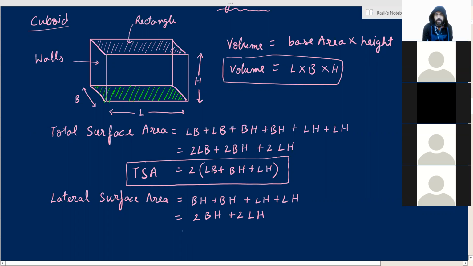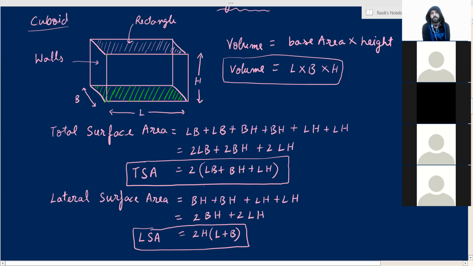Now in this case, we can take 2 common as well as H common. 2H is common. So we get L plus B in the bracket. B plus L or L plus B, it is the same thing. So this is your formula of lateral surface area of a cuboid: 2H(L plus B).